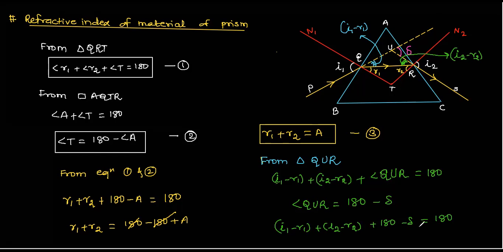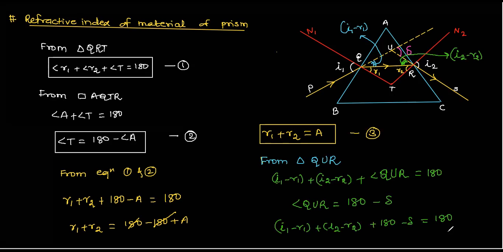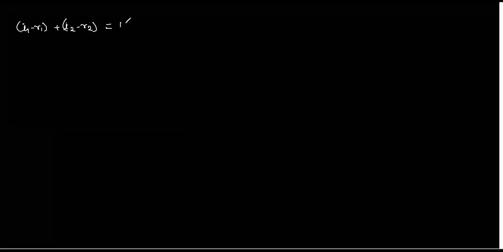Now this, if we transfer here, then what are we getting? I1 minus R1 plus I2 minus R2, and this side total I am transferring that side, so 180 minus 180 plus delta.